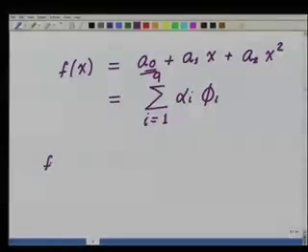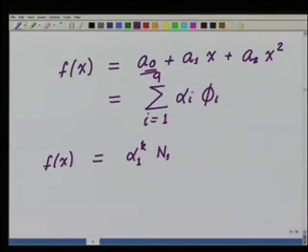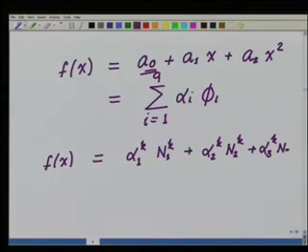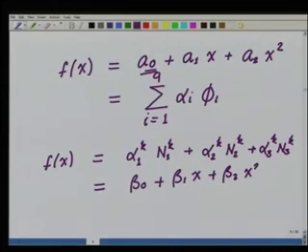So in the element, if I want to write f of x, it is equal to alpha 1 of k, N1 of k plus alpha 2 of k, N2 of k plus alpha 3 of k, N3 of k. And let's say the quadratic polynomial that we have taken, in the element, is of this form, beta 0 plus beta 1x plus beta 2x squared.